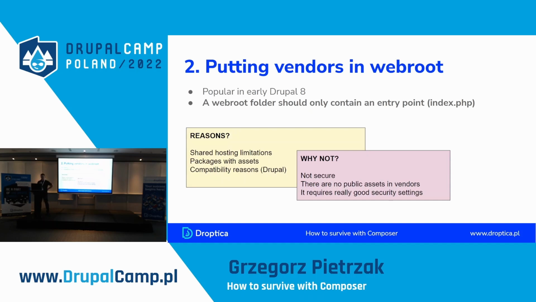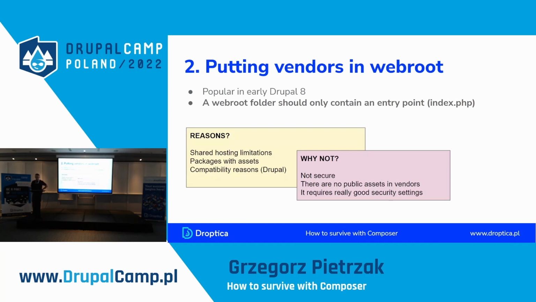In Drupal, for example, this rule is not really followed because we have a lot of modules, a lot of themes there, so it's very hard to maintain proper flow in Drupal. But in general, let's keep vendors out of webroot. At least in Drupal, it's possible, and it's advised by the documentation on Drupal.org.